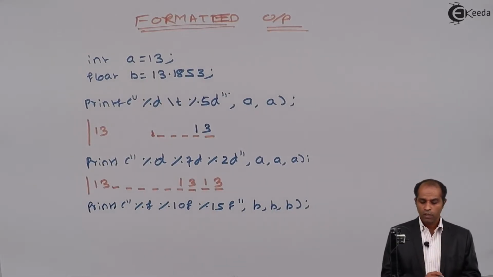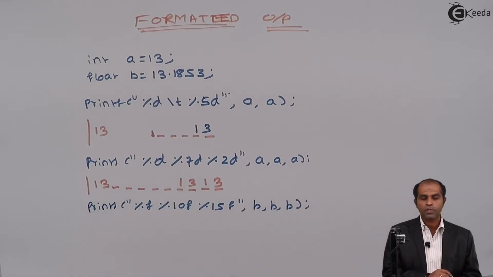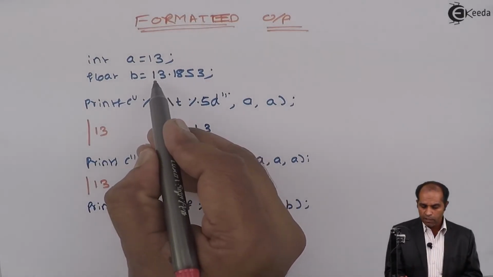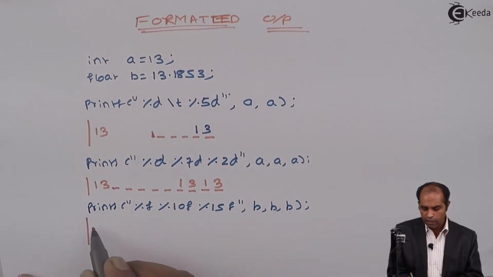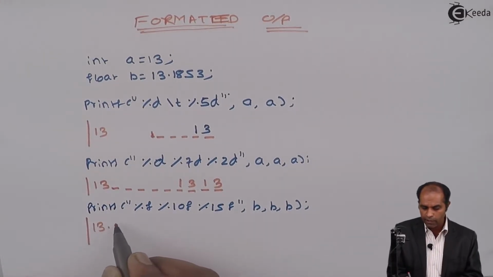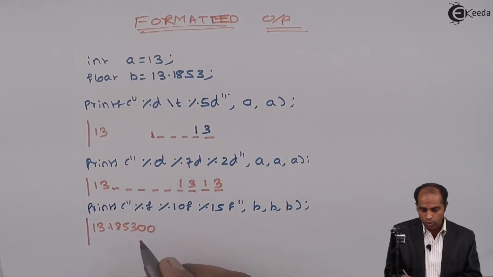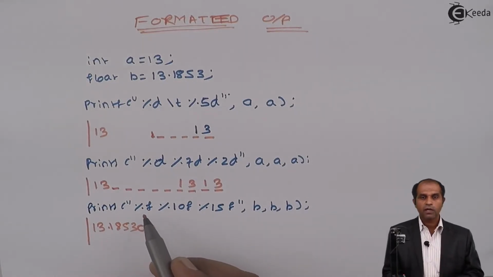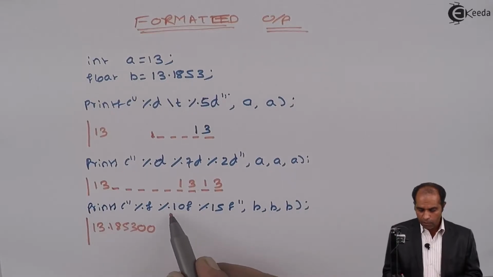How to do this? %f, as the name says, the value of b has to be displayed on the output screen. The value of b is 13.1853. So if I assume this is the left hand side of the screen, it will display 13.1853 followed by how many zeros? 2 zeros. Just now we concluded that %f will always display 6 fractional digits.